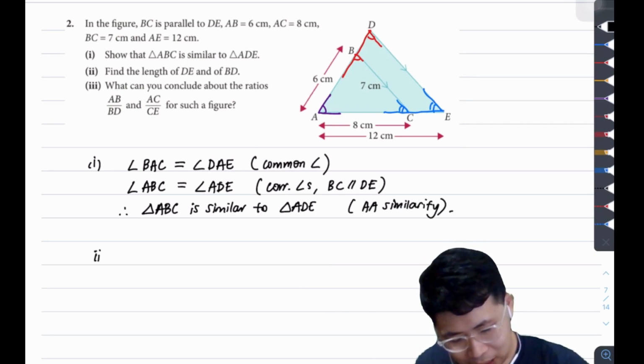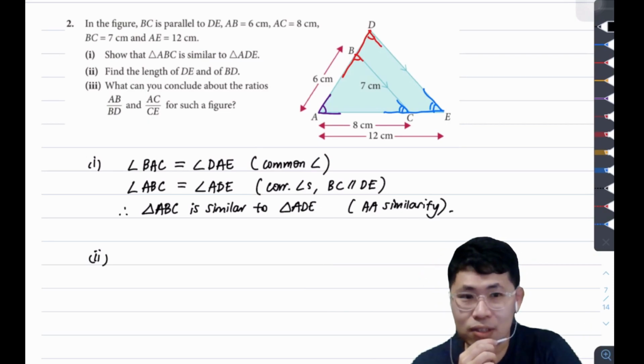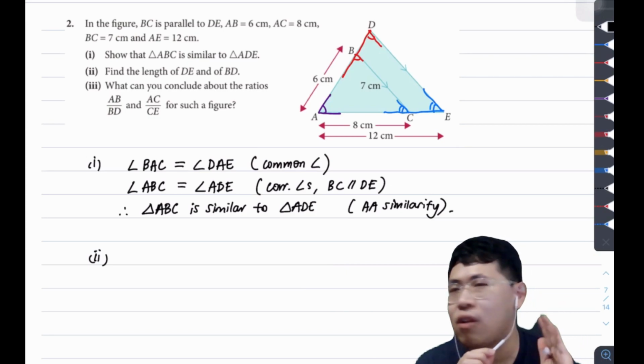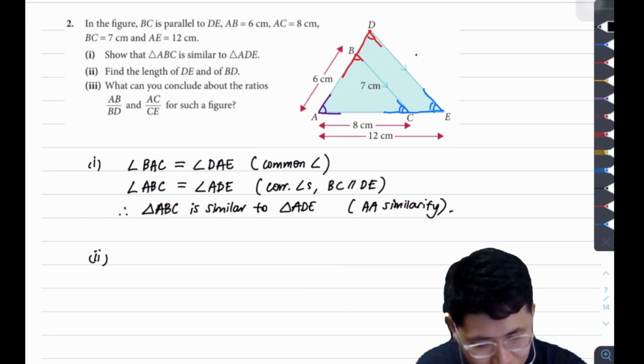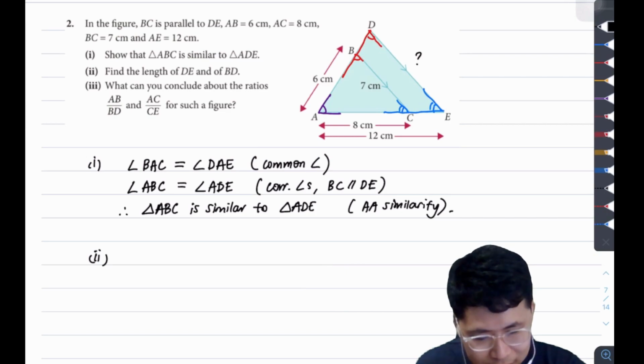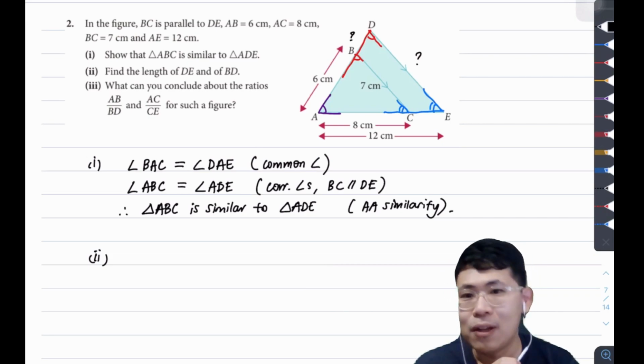So part 2, because they are similar triangles, we can write down the ratio of corresponding sides. So find the length of DE. I'm going to look for DE, and I also need BD over here. Okay, so let's look at this now.